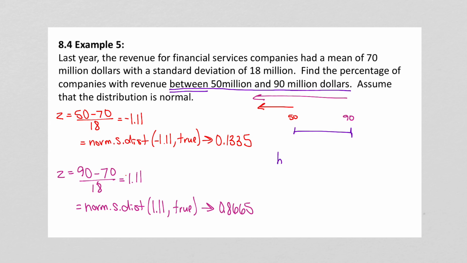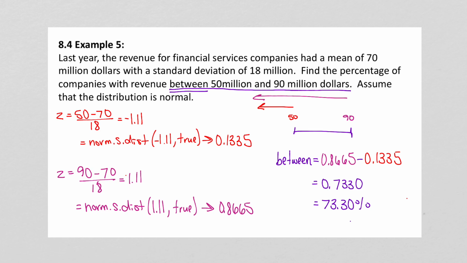To find our area between, we'll take 0.8665 and subtract 0.1335. We get 0.7330, or as a percentage, 73.3%. So 73.3% of these companies had a revenue between $50 million and $90 million. And that's finally it for this section's extra examples.